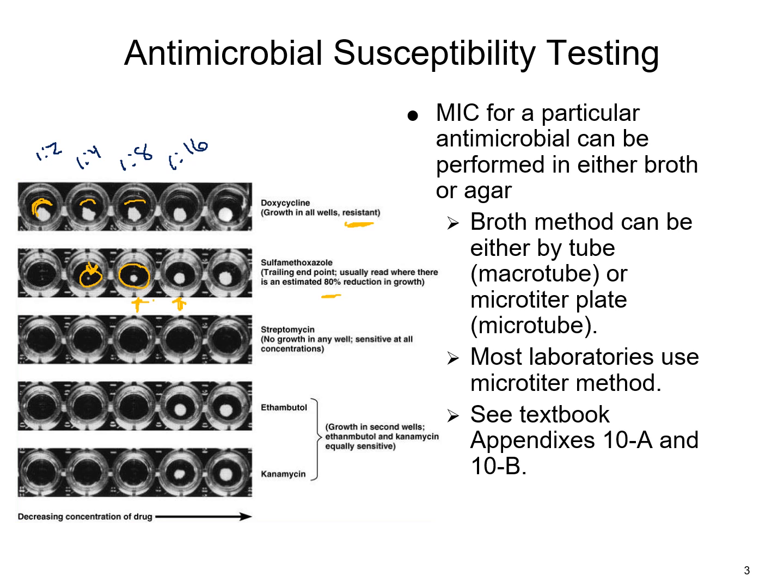Here are some more examples down here at the bottom. You're looking for actual growth in those wells of the microtiter plates. You can also do this in tubes, where you set up the tubes and do serial dilutions, with a different concentration in each tube.